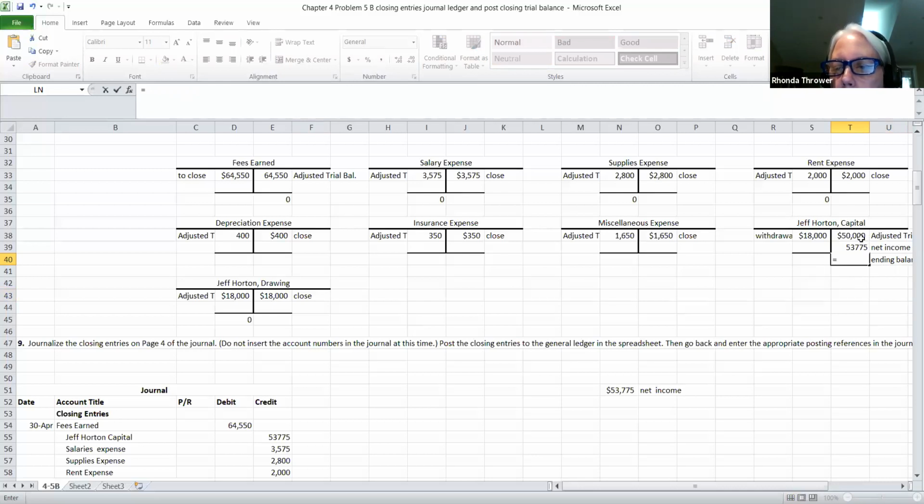So our beginning capital plus our net income minus our withdrawals will leave you with the ending balance in the capital account. And if you look at your statement of owner's equity, that should match up there.